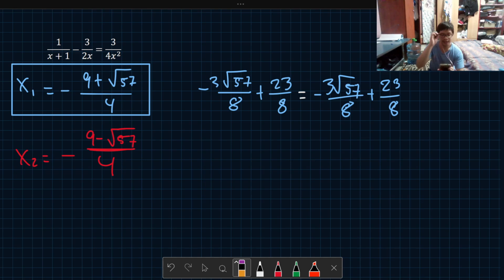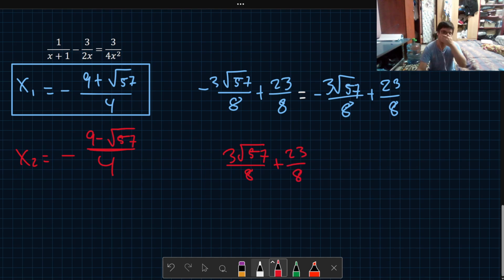All right. So I got the result. Approximately it's 5.706, or in exact answer, you have positive 3 square root of 57 all over 8 plus 23 all over 8.